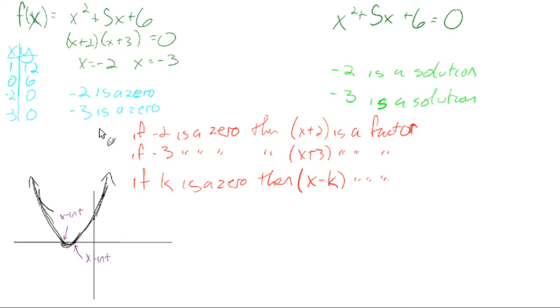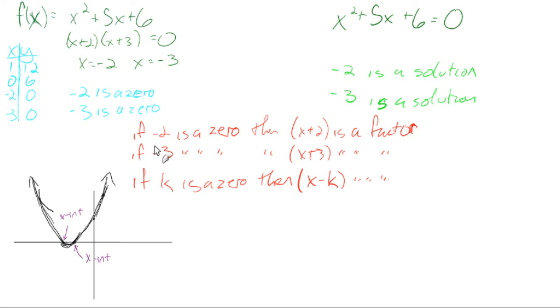Where the zeros are. Okay, so a function has zeros. These zeros are the same as the solutions to this equation where you have the same polynomial expression set equal to 0. These numbers are where you will find x-intercepts when you draw the graph.